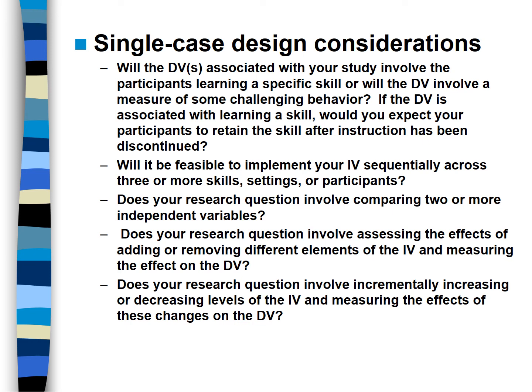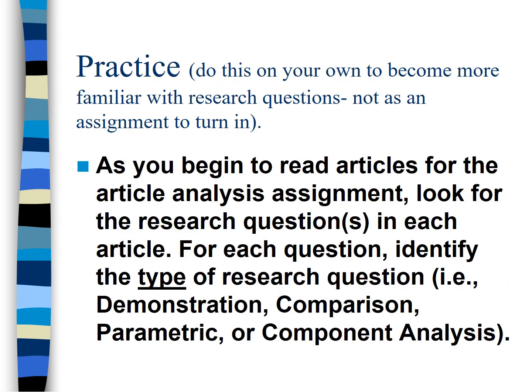So that would be more of a parametric type question. So the point of these questions is to get you to think about how you should go about answering your question, what type of question you have, and what kind of research design may be a good fit as we start looking at those later on.